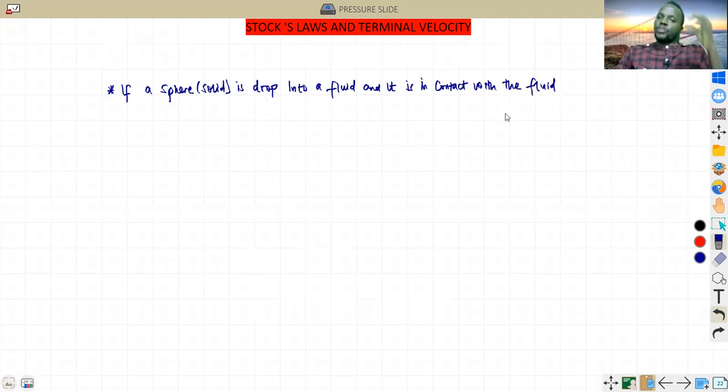We are talking about dropping a solid into what? Into a fluid. And what? The layers of the fluid are in contact with the solid.